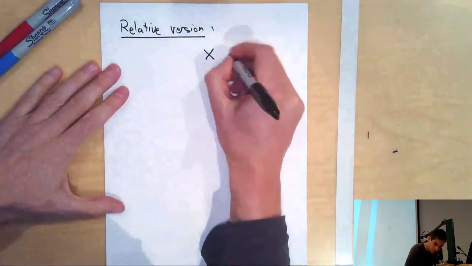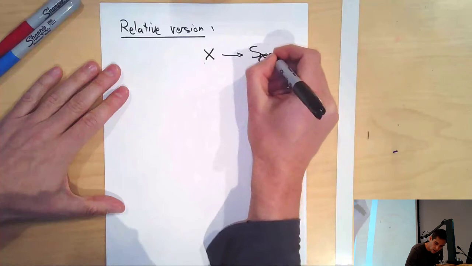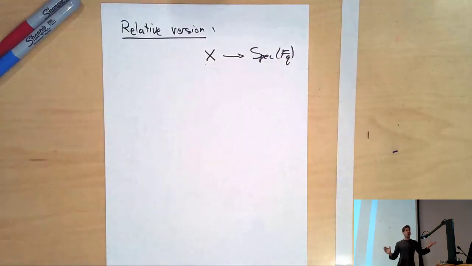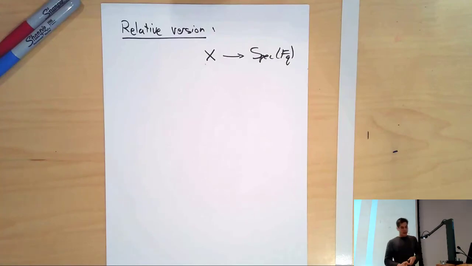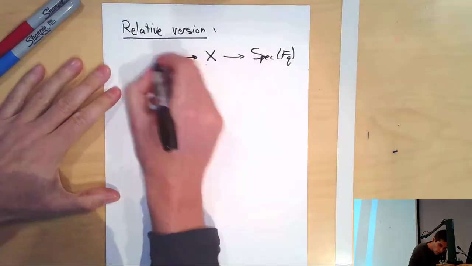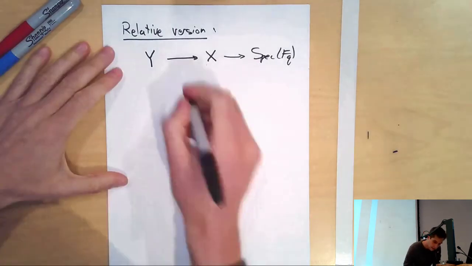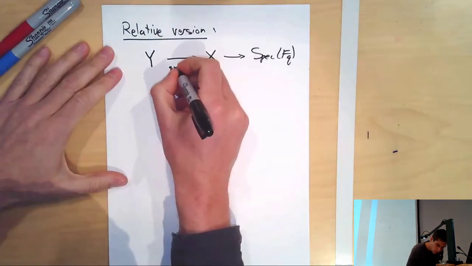So X, as before, is going to be some variety over F_q. And this is ultimately going to be the algebraic curve from the second lecture. And now let Y be some, could be an algebraic variety, but more likely it's going to be an algebraic stack mapping to X. And I'm going to assume that this map is smooth.